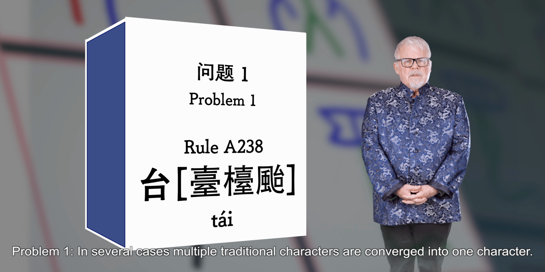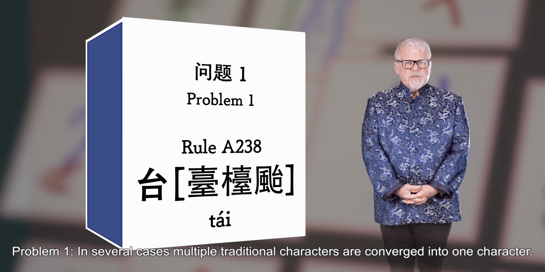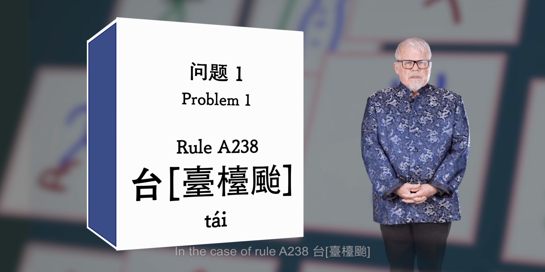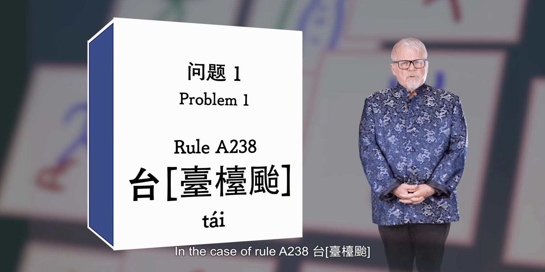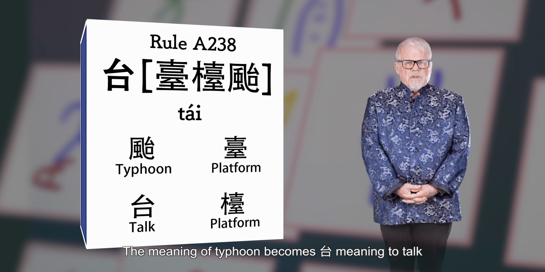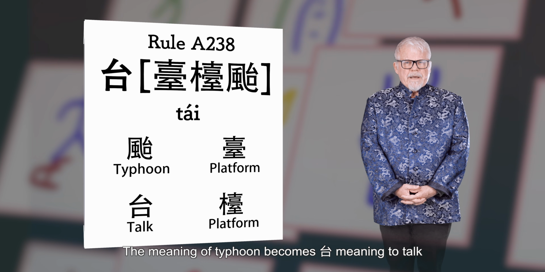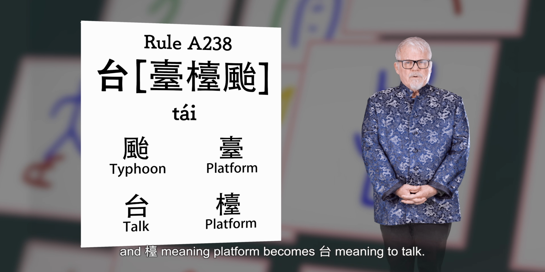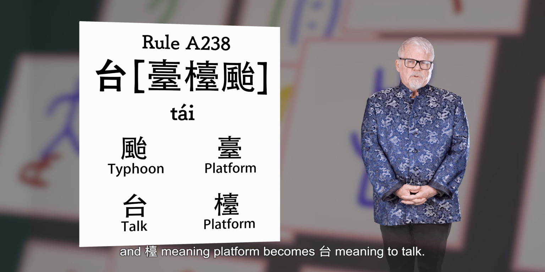Problem 1. In several cases, multiple traditional characters are converged into one character. In the case of Rule A238, the meaning of typhoon becomes Tai, meaning to talk, and Tai, meaning platform, becomes Tai, meaning to talk.